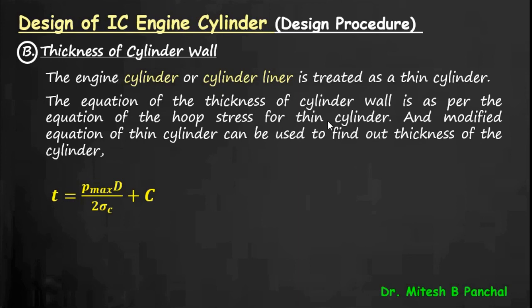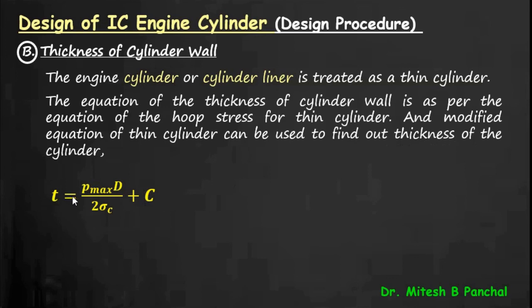We know that the cylinder is subjected to two types of stresses, hoop stress and longitudinal stress. The thickness of the cylinder or cylinder liner is considered based on the hoop stress, and the modified equation of thin cylinder can be used to find out the thickness of the cylinder liner.